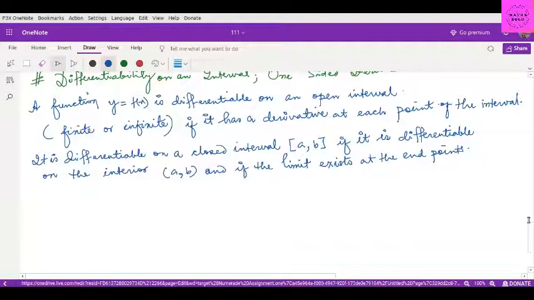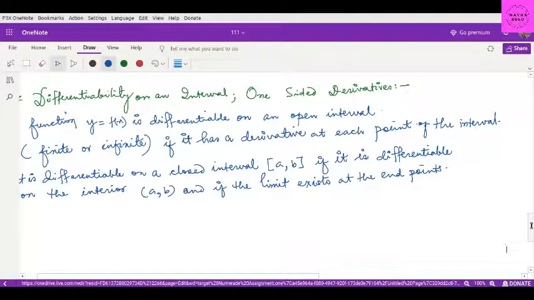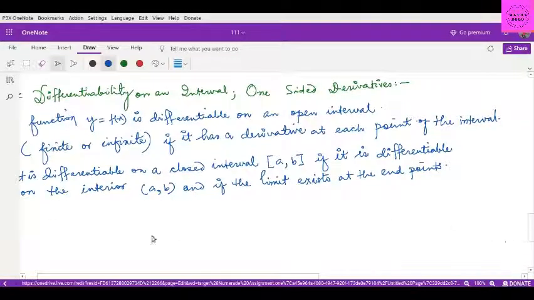So this is the statement of differentiability on an interval.